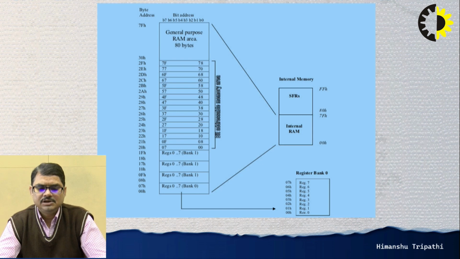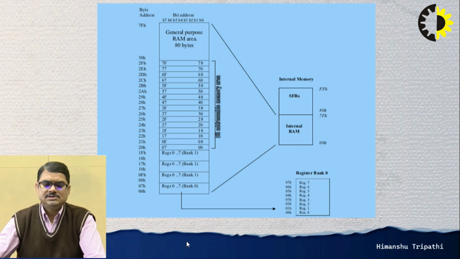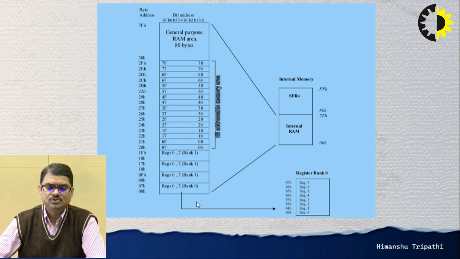This memory area from 30 to 7FH is known as the general purpose RAM area, or in some texts it is also referred to as the scratch pad area.